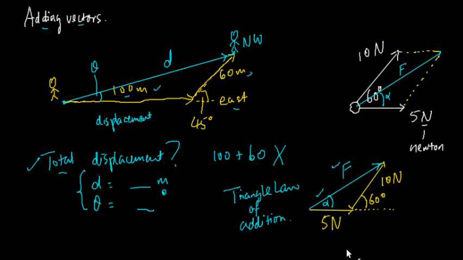The moment I complete the parallelogram, you can see that the resultant is clearly the diagonal, the line joining the opposite corners from the tail ends of the two arrows to the opposite end. We call this the parallelogram law of addition of vectors.